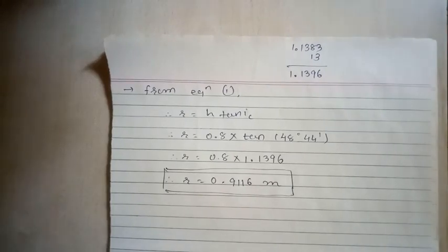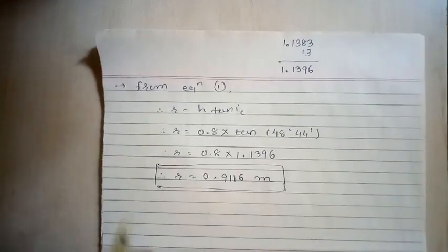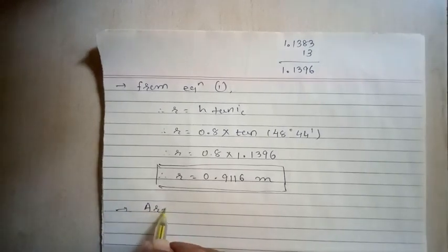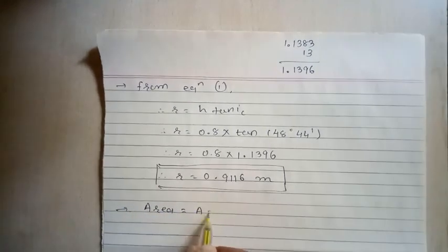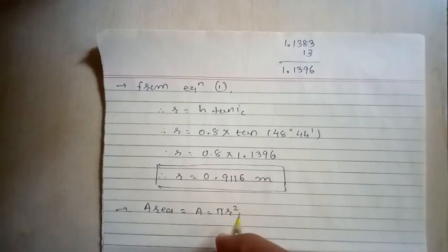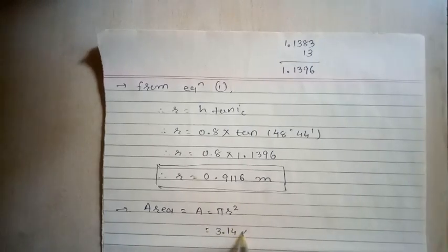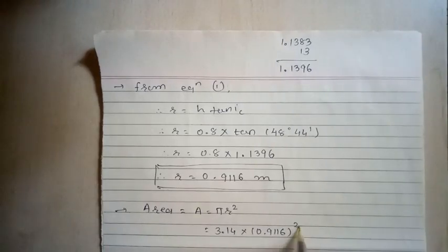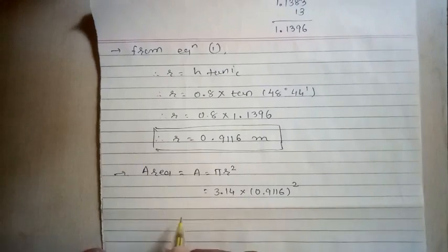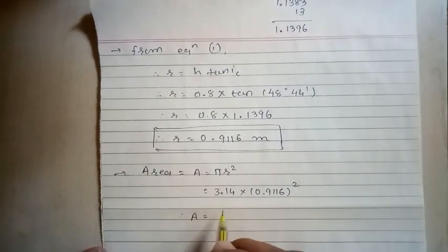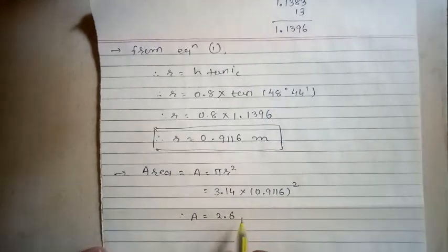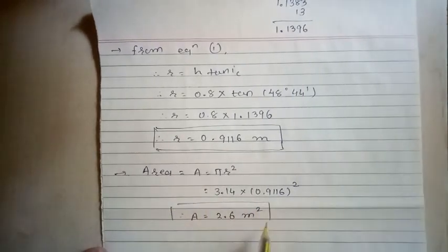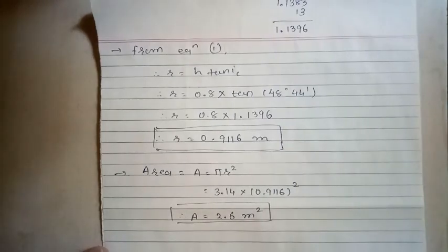So we know the area of a circle. Area A is equal to pi r square. So we use the formula A is equal to pi r square, right? So here value of pi 3.14, r square, value of r 0.9116 whole square. So we get area A is equal to around 2.6 meter square. So here this is the area, right?